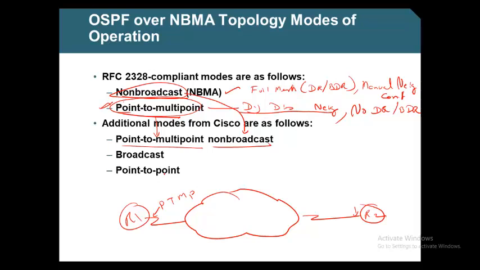Now, according to you, what is the best in the second mode?